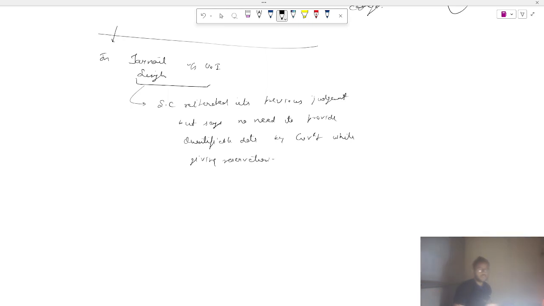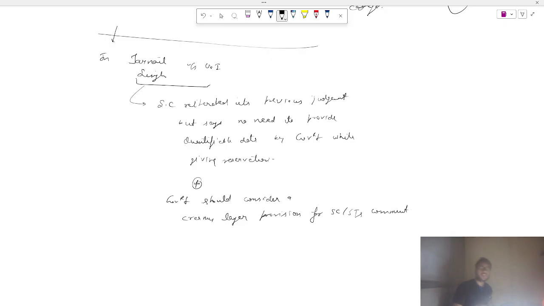So basically, the Supreme Court reiterated its judgment which was given in M. Nagaraj versus Union of India, but they have said that there is no need of providing quantifiable data while giving the reservation to various backward classes. Plus, the Supreme Court also stated the government should consider a creamy layer provision for SC and ST communities.